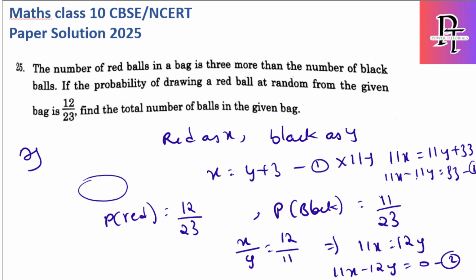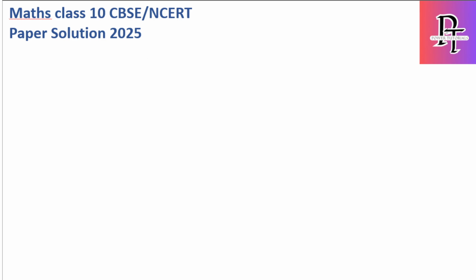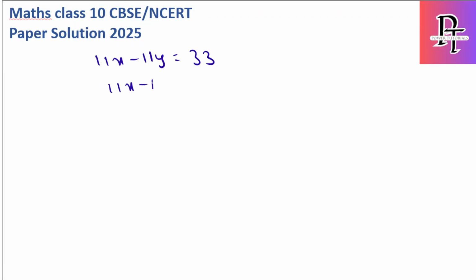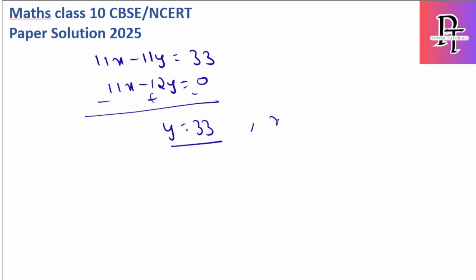If I subtract these two, what will I get? 11x minus 11y is equal to 33 is the first equation, and the second equation is 11x minus 12y is equal to 0. If I subtract, I will get y is equal to 33. If y is 33, what is the x value?